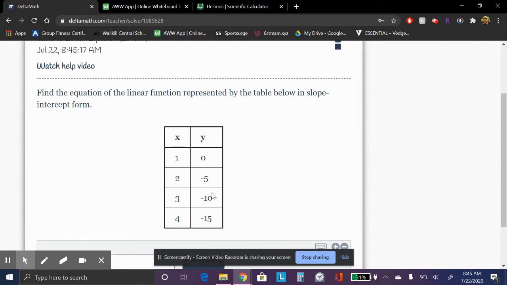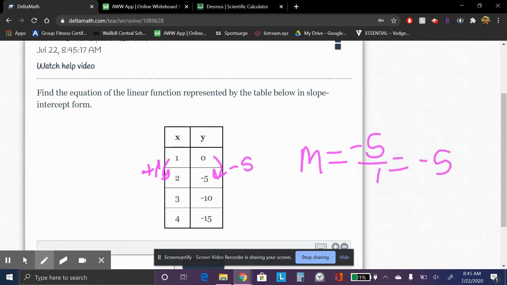It goes down 5, down 5, down 5. Right? So this is going down 5 over 1. So my slope is negative 5 over 1, which is just negative 5.